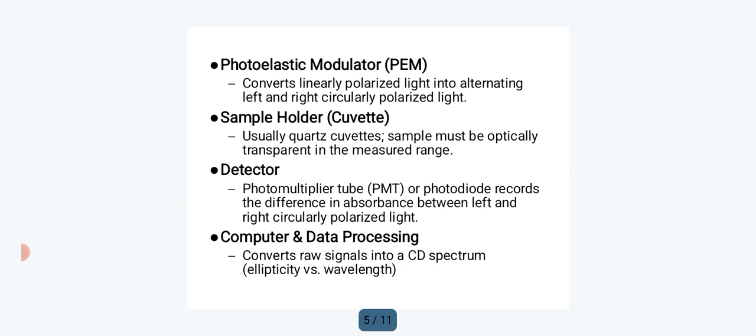It is usually a quartz cuvette. The sample must be optically transparent in the measured range. Next, a detector. It is mainly a photomultiplier tube, that is PMT, or a photodiode. It records the difference in absorbance between left and right circularly polarized light.